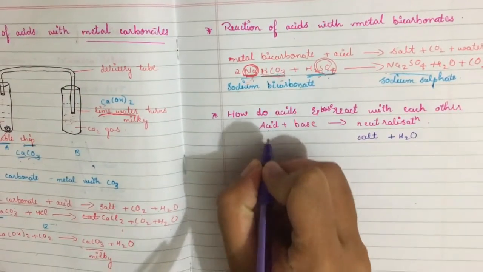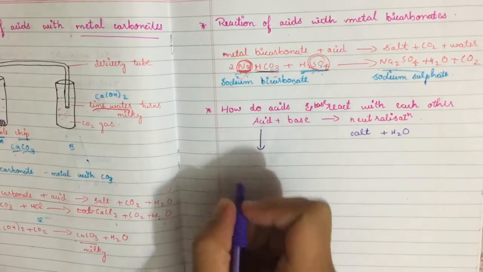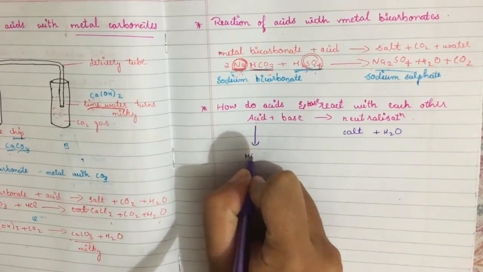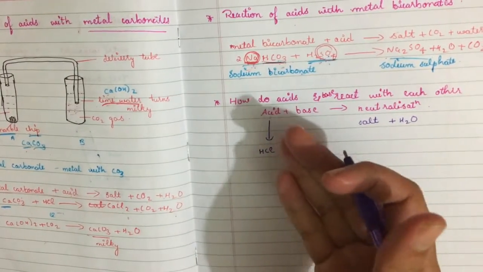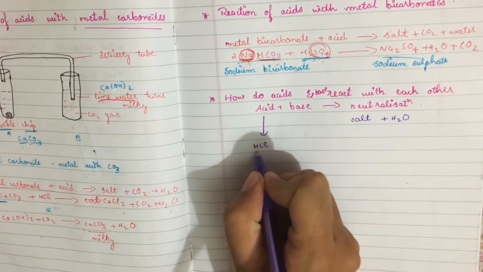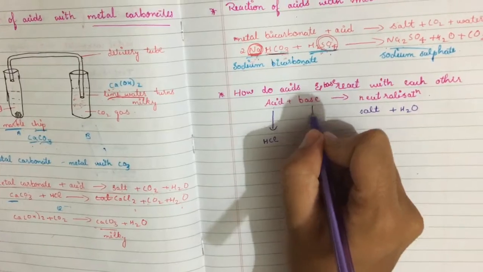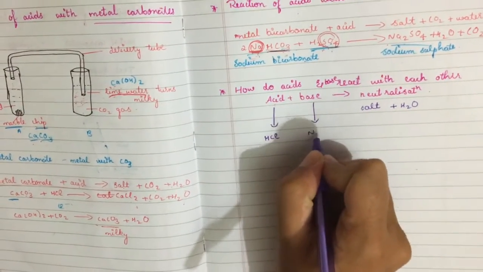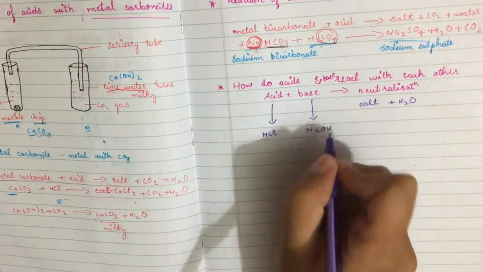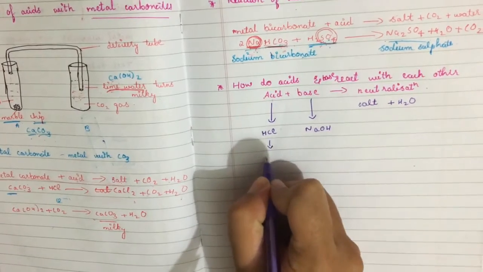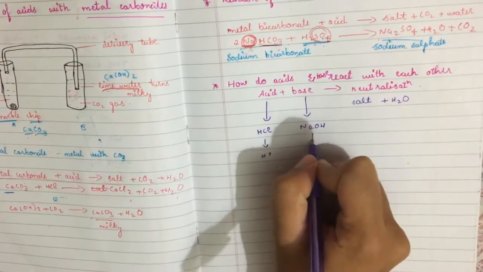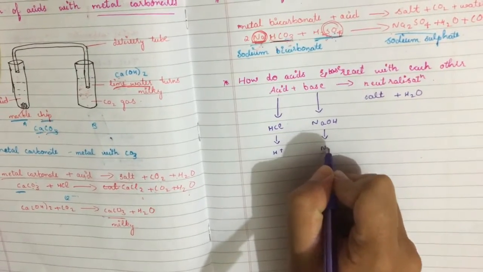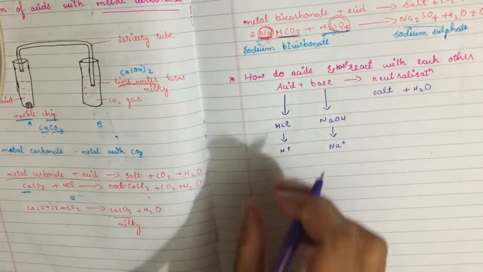So let us consider an example for acid. The simplest example is HCl. As we have studied, HCl, H2SO4, all these are acids. So HCl is an example for acid, and as an example for base we can take NaOH. This HCl will produce H plus ion, and this NaOH will produce Na plus, a charged ion.